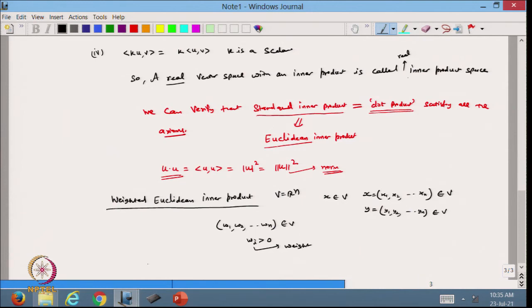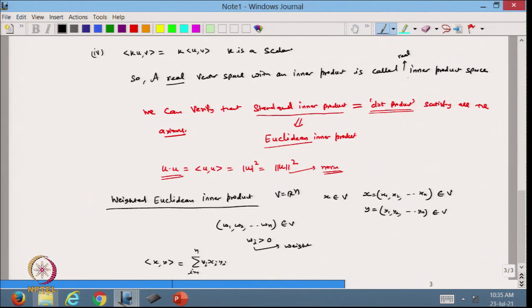Then we can define the weighted Euclidean inner product. We are writing inner product of x and y. If we take the normal dot product, it is equal to the sum of xi into yi, and then we multiply by wi, where i is from 1 to n.